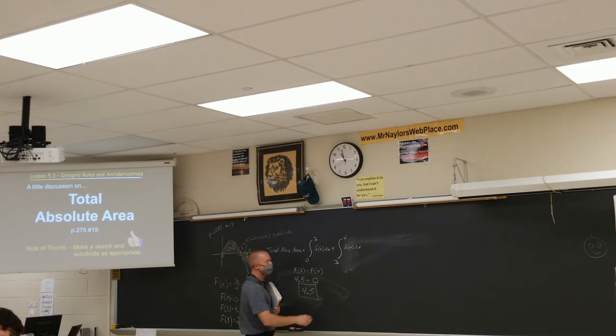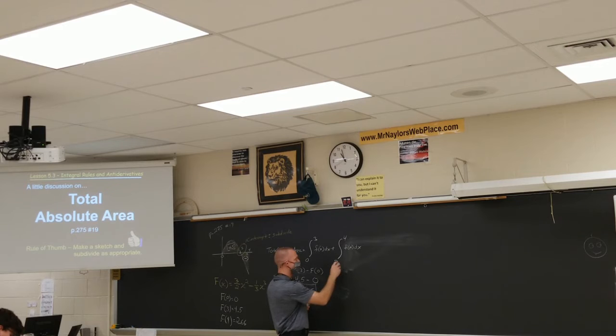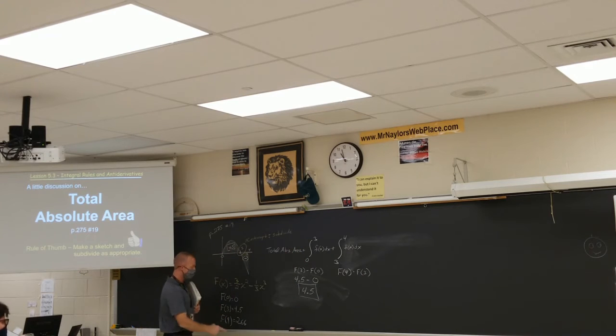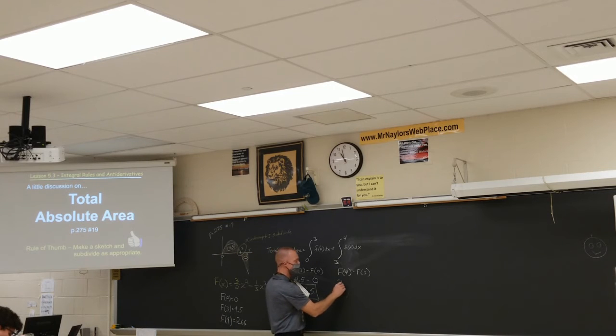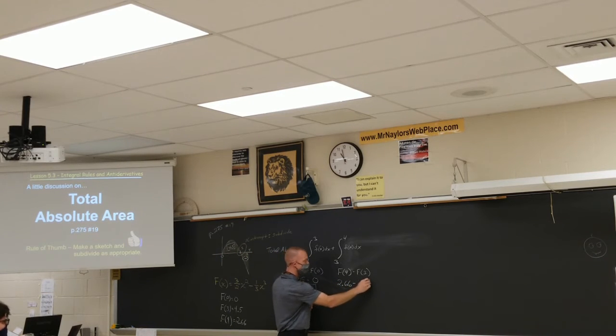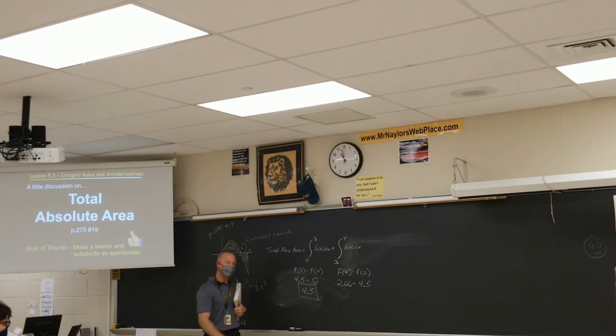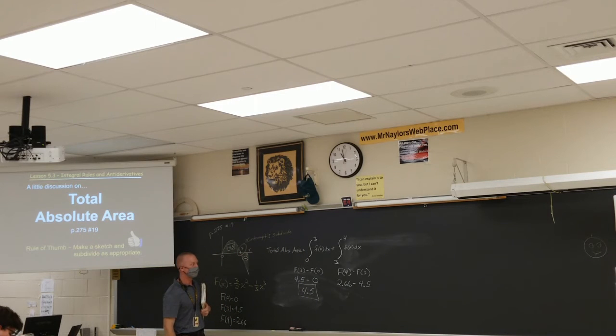And then over here, I'm going to find the answer from 3 to 4. Now, be careful. It's f of 4 minus f of 3. So we can go over here and grab those numbers. We already found them. And here's where I'm saying that we shouldn't be surprised that this will come out negative. That will come out negative.